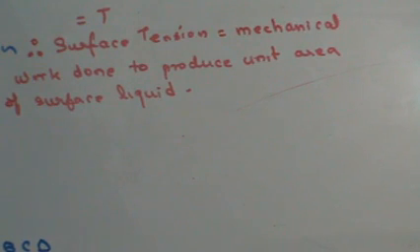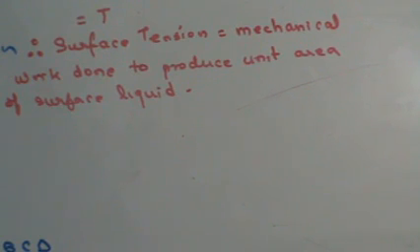That is what we have just derived. So this can be another definition for surface tension: surface tension could also be defined as the mechanical work done to produce unit area of surface liquid, right?